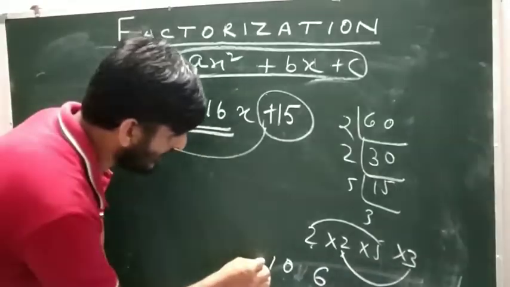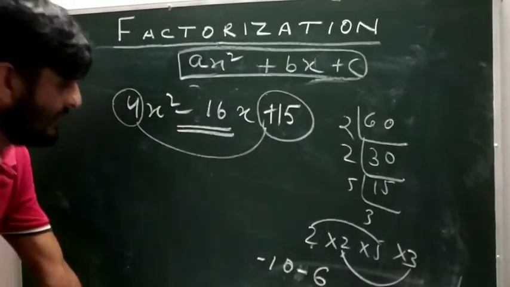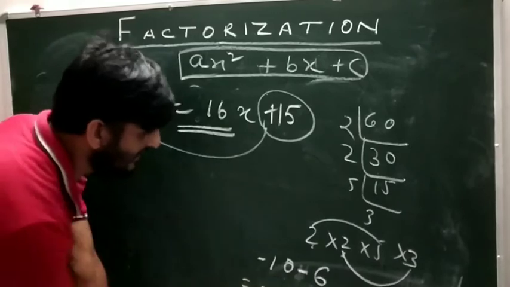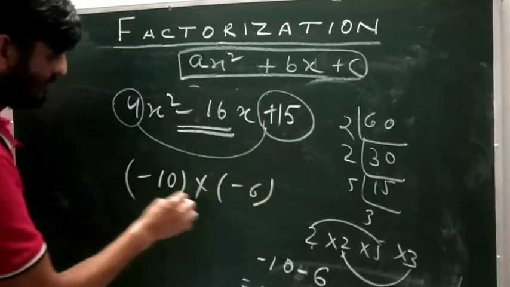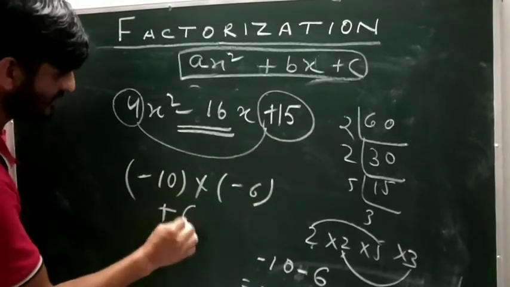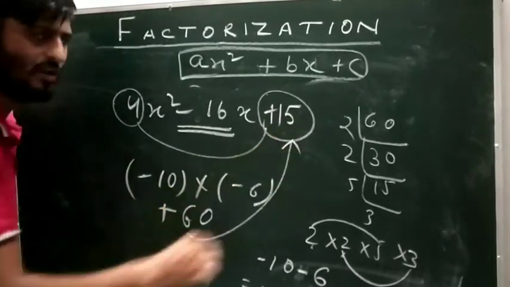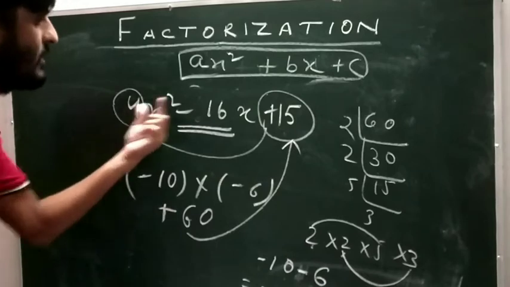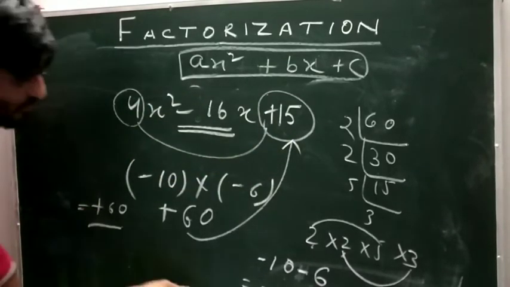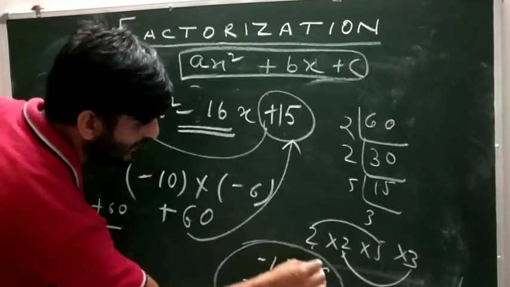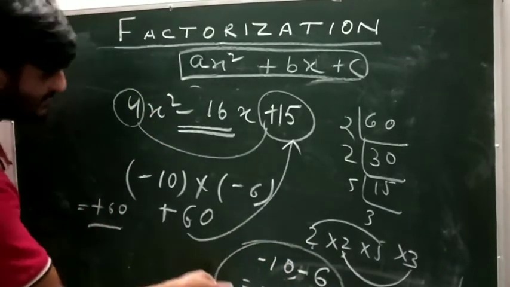That means we can put minus 10 and minus 6. Minus 10 minus 6 is minus 16. And the product of minus 10 multiplied with minus 6, minus minus plus, 10 into 6, is 60. Yes, we are getting 60 also. Here, 4 multiplied with plus 15 is equal to plus 60. Yes, that means we are getting this minus 10 and minus 6, and this 60.